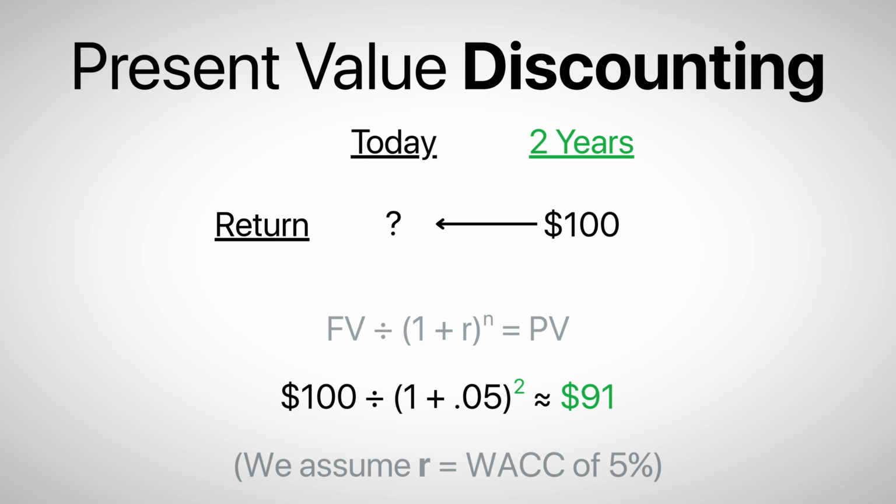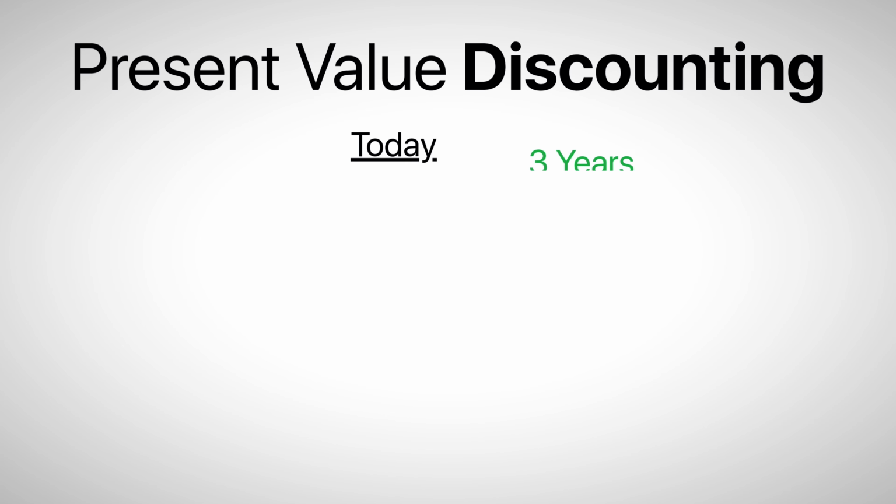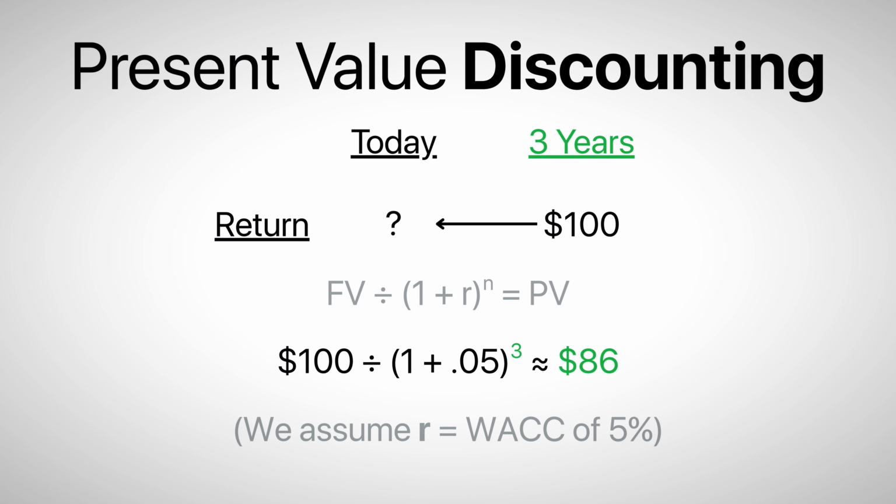For the second year, we take $100 divided by 1.05 again, but instead of 1 year, it's 2, so we raise it to the power of 2, and that gives us about $91. So $91 is approximately our present value of the payment for year 2. And for year 3, it's basically the same thing: $100 divided by 1.05 raised to the power of 3 because this is 3 years, and that gives us about $86 for the present value of year 3's payment.